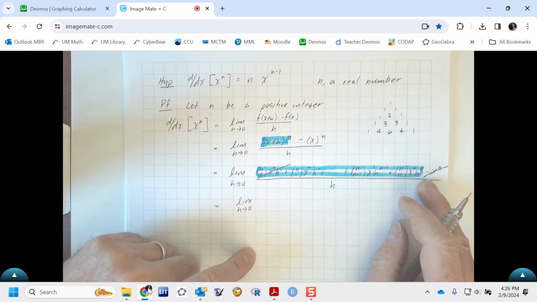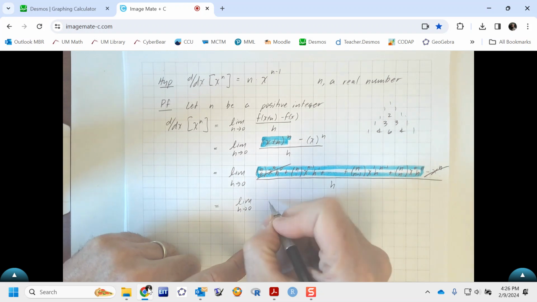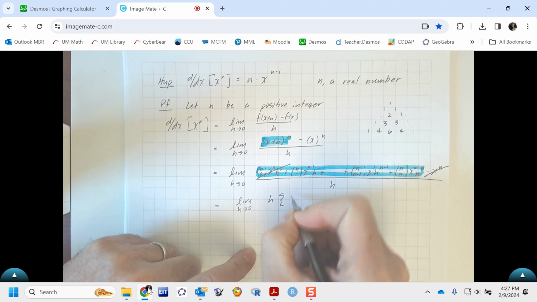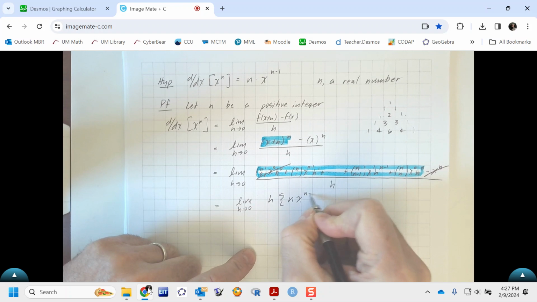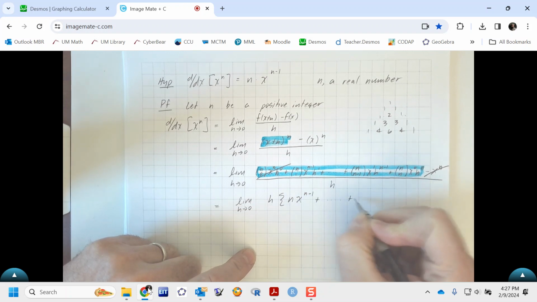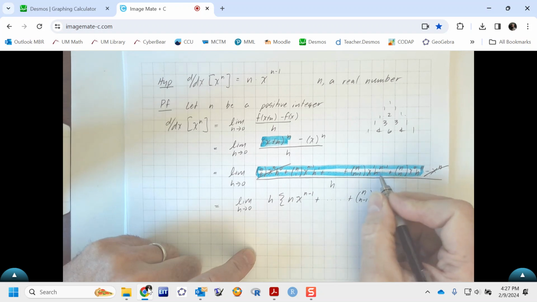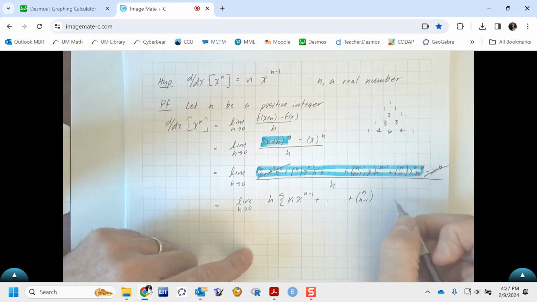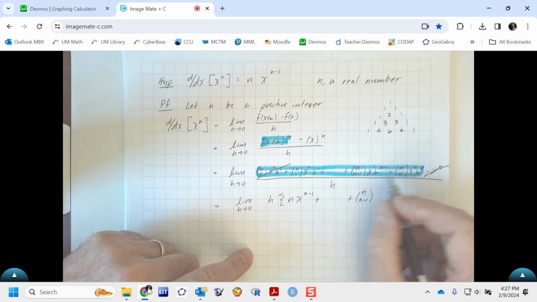So what I'm going to do is factor out the h from what's left inside and draw your attention to what's left. We get n choose 1, so that will be just n times x to the n minus 1, plus dot, dot, dot, down to n choose n minus 1. We factored one h out of everything here, so the h exponent is going to go down by 1.